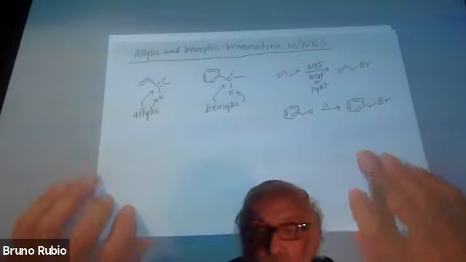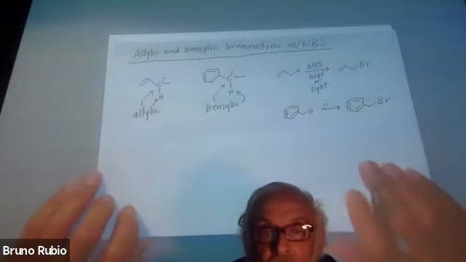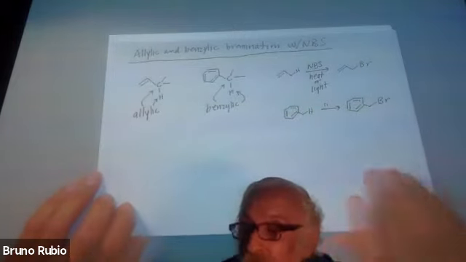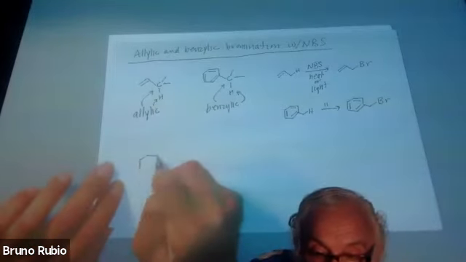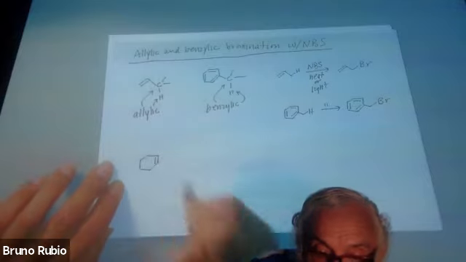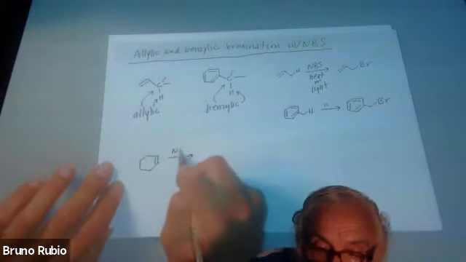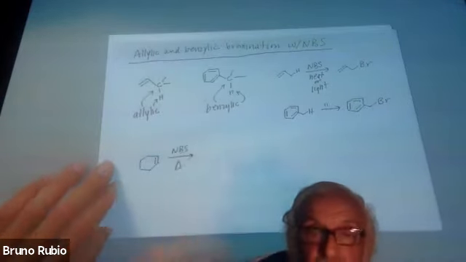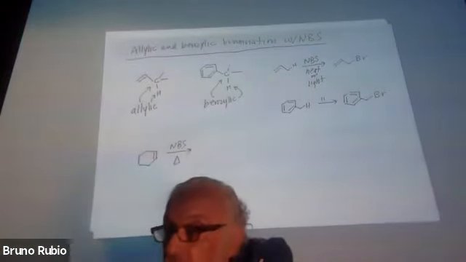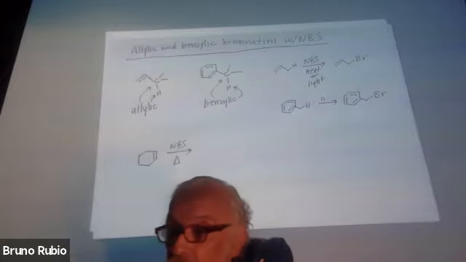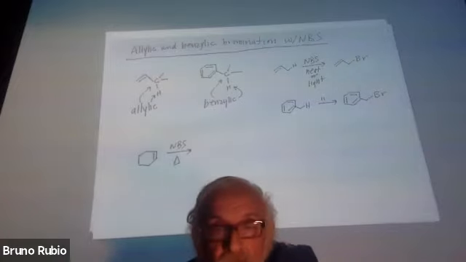hydrogens with bromine. Okay, so before we talk about the mechanism or how this reaction works, let's try some product prediction. NBS, heat. Draw the structure of the product. Tell me in the chat what you're going to get.